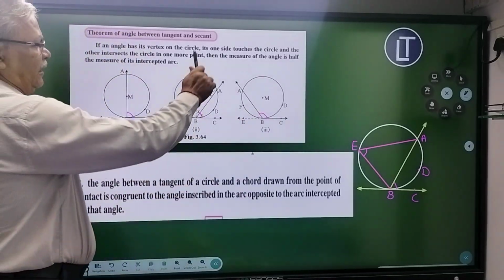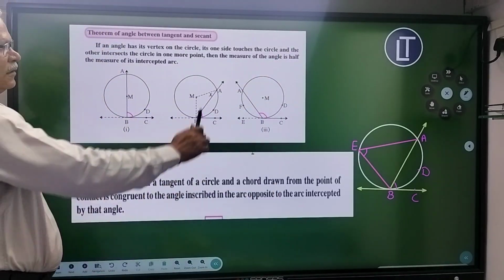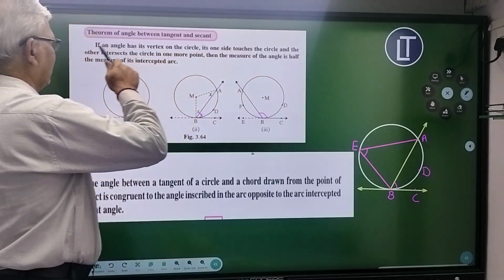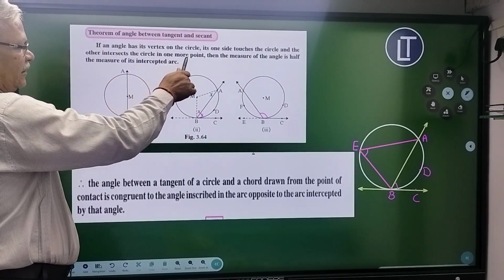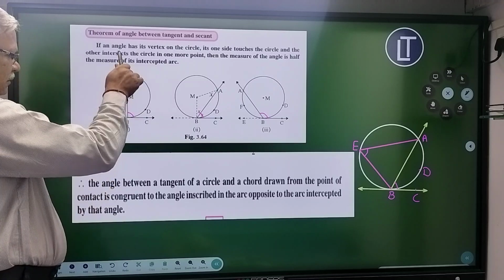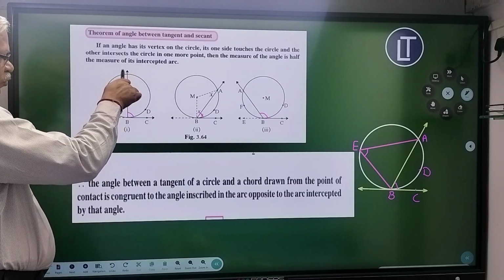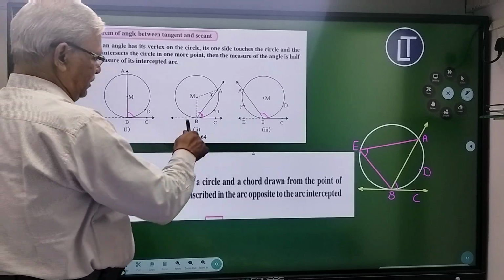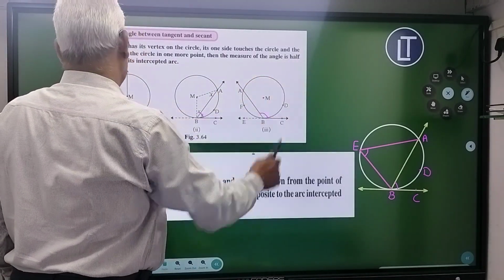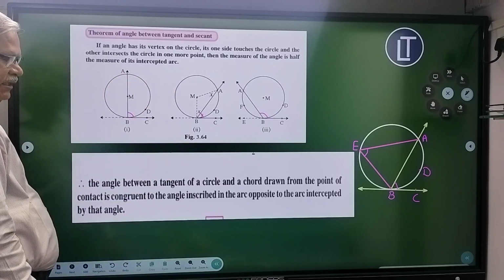Its one side touches the circle, which means it is a tangent, and the other side intersects the circle in one more point, that is at A. Here also. Then the measure of the angle is half the measure of its intercepted arc.